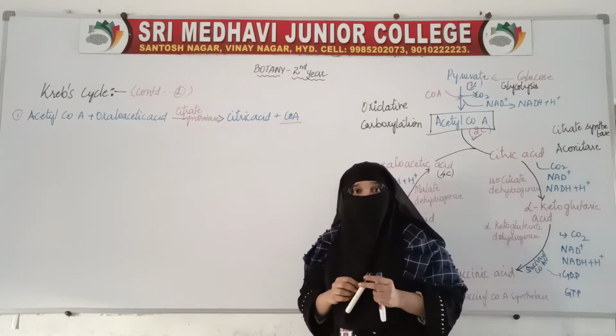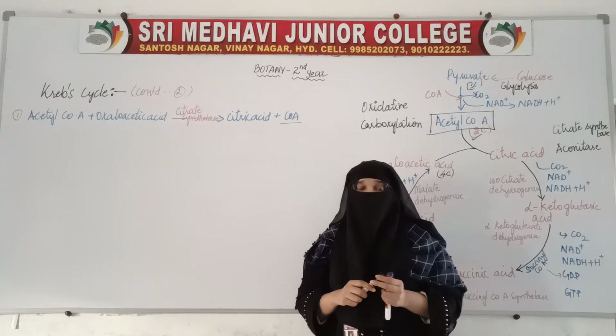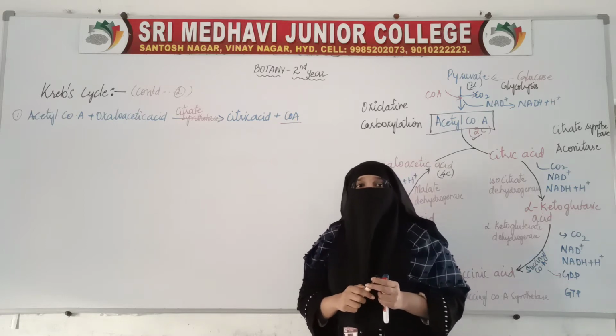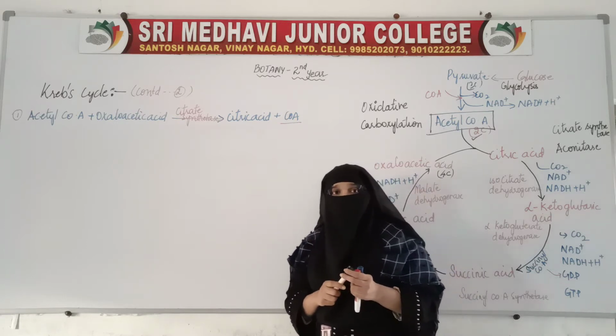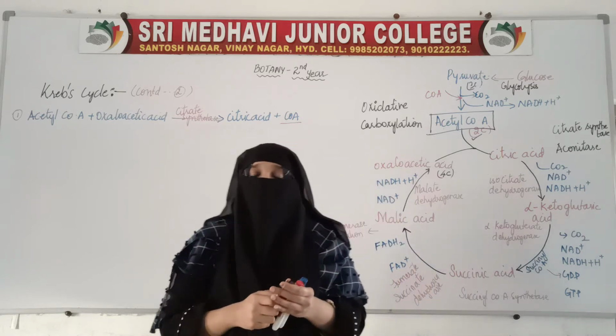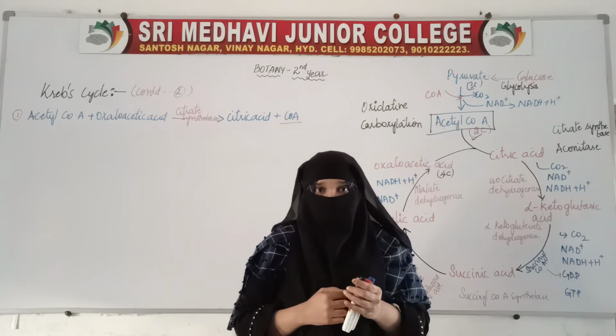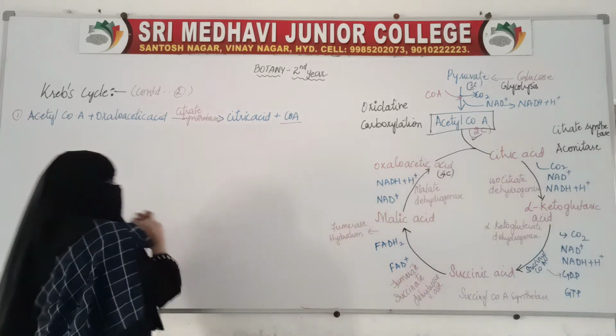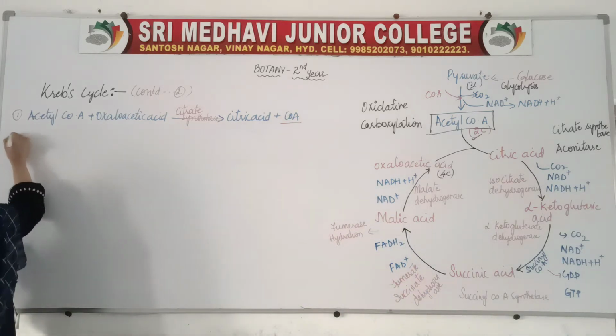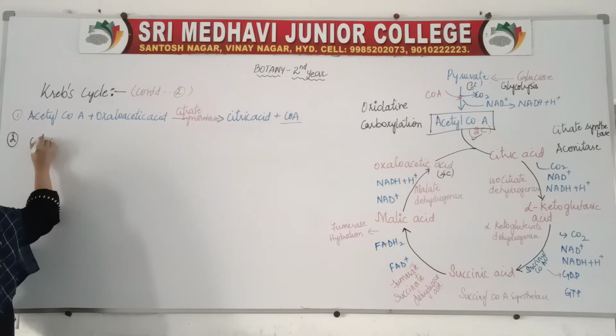Now the citric acid is again changed into an isomer. In the second reaction, citric acid is changed into its isomer, that is isocitrate.